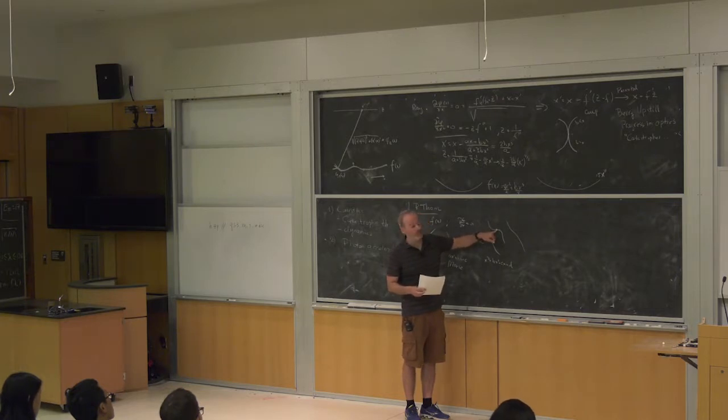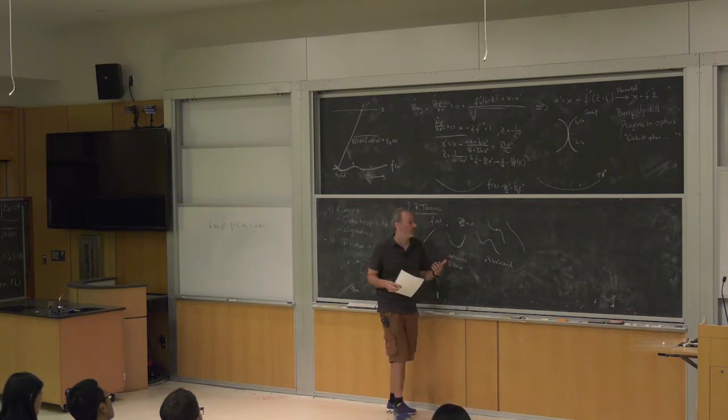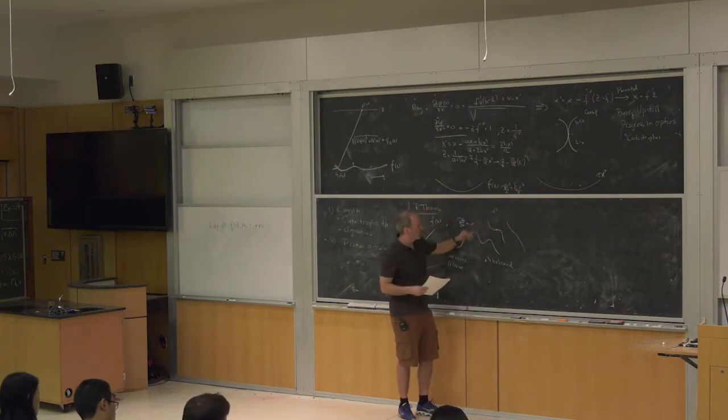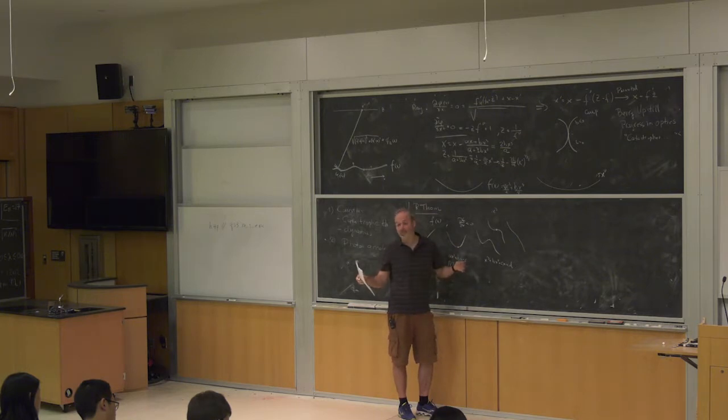It studies those higher order extrema and how they can be unfolded, how they can be broken up. So this one obviously is x cubed, minus x cubed if you like. And then the question is, if I start adding extra terms, let's say quadratic, linear, well, constant obviously doesn't do anything, how does this high order singularity break apart? Okay, so this is a very simple example. We can work it out.